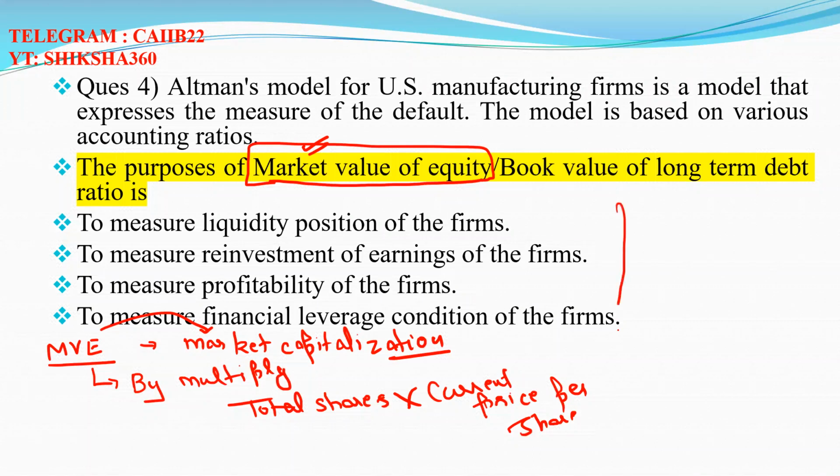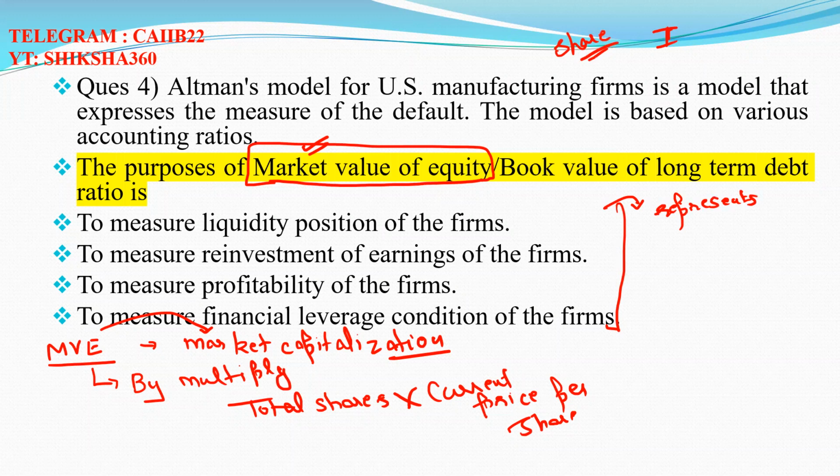In general language, what is the importance of that? Say you want to buy shares of any company. You will check the market value of equity, that is, how much is the market capitalization of that company.